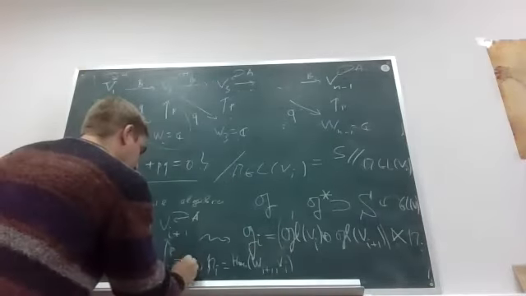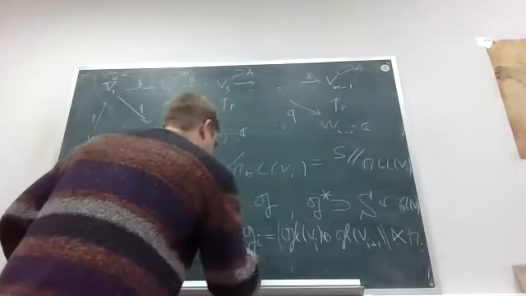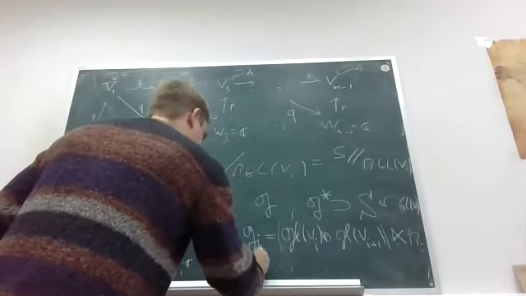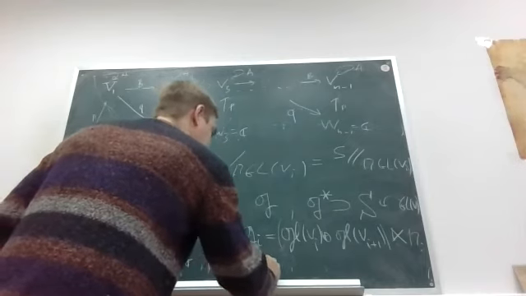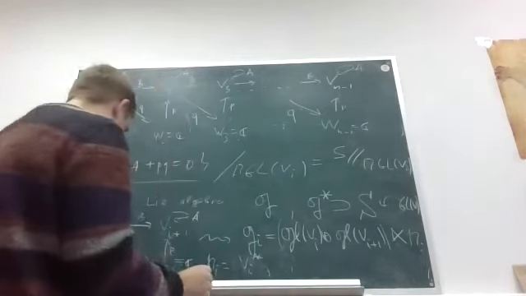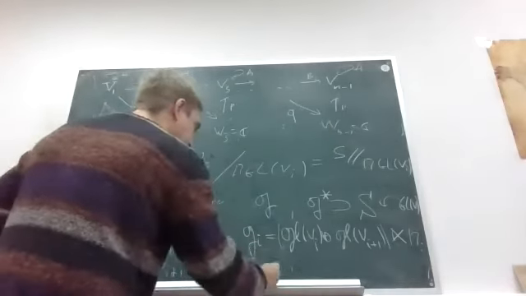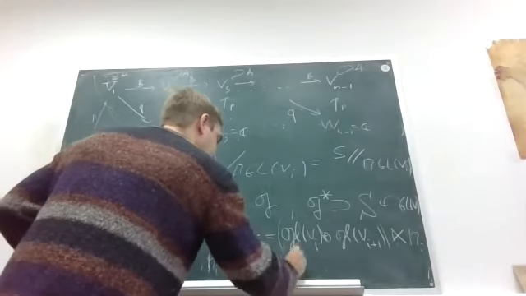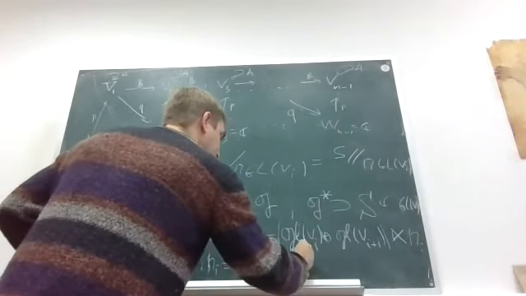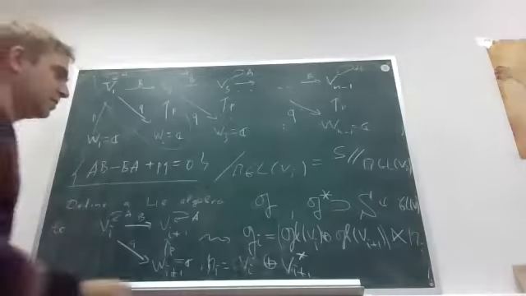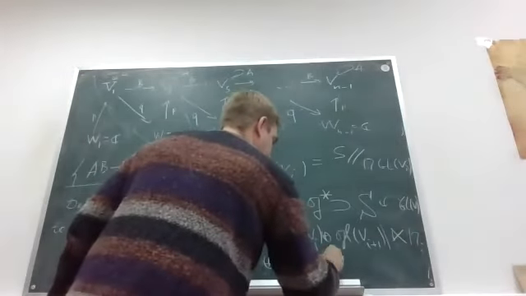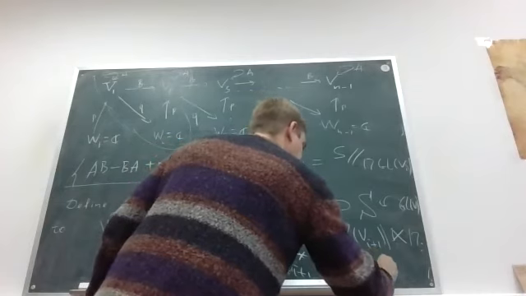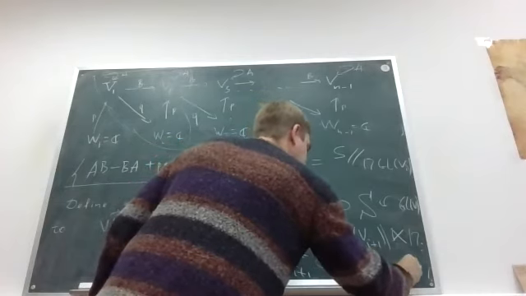Wi plus 1 is one-dimensional, so let me better write it as Vi star, plus Vi, plus Vi plus 1 star, plus Hom from Vi plus 1 to Vi.